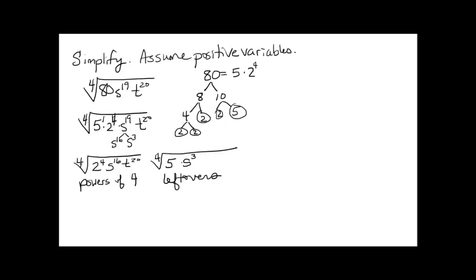So 2 to the 4th, divide by 4, you have 2 to the 1st. s to the 16th, 16 divided by 4 is 4, so we have s to the 4th power. t to the 20th, 20 divided by 4, that's going to be t to the 5th power.